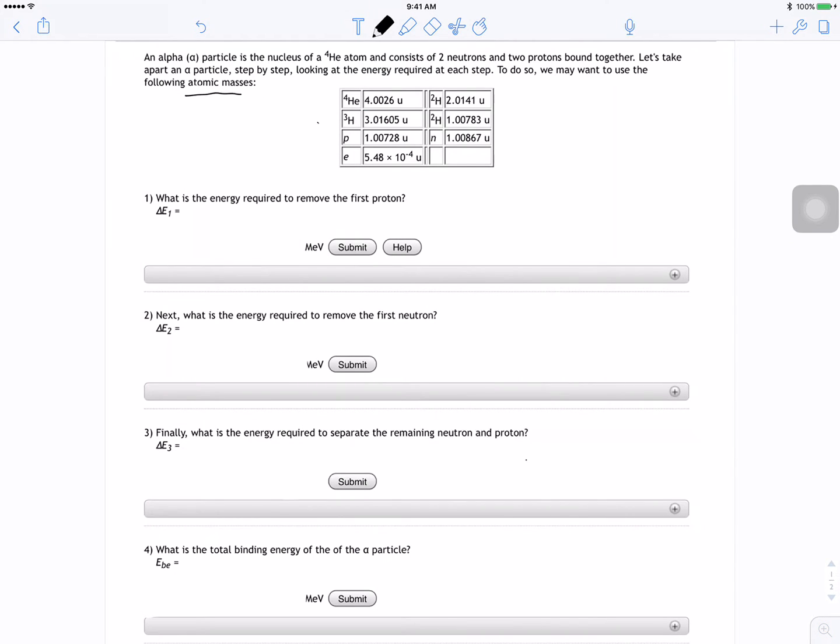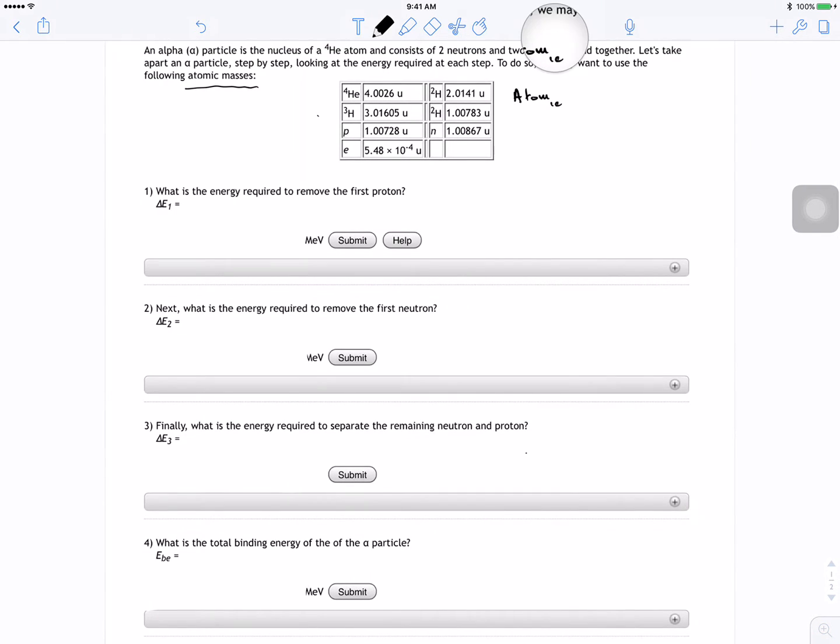The difference between atomic mass and nuclear mass: atomic mass includes the protons, electrons and neutrons in the atom, and nuclear mass is only protons and neutrons. So we need to distinguish between those two.